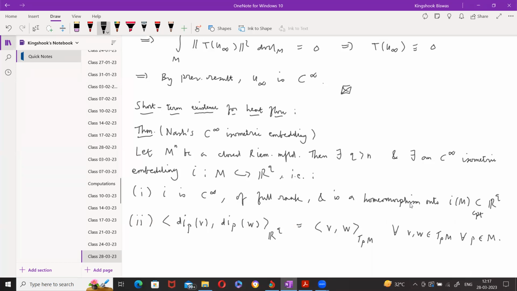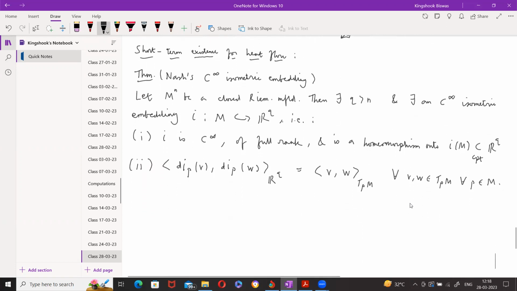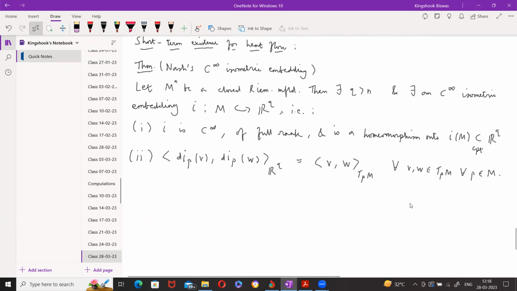So the main part is the second part, this isometric embedding. Just an embedding into Rn follows from Whitney's embedding theorem. Okay, that you might have seen already, right? Okay. So any questions? Someone was asking something. Is this okay?